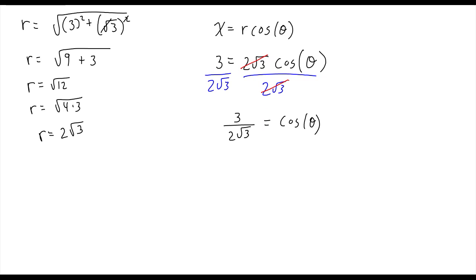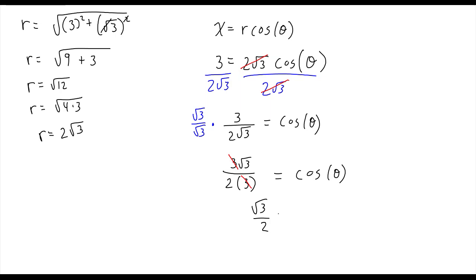The top just becomes 3 square root of 3. The bottom becomes 2 times the square root of 3 times the square root of 3. When you multiply these two together, the square roots cancel out to leave you with just 3. So this simplifies to the square root of 3 over 2. So cosine is the square root of 3 over 2.